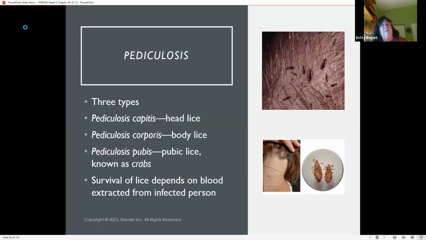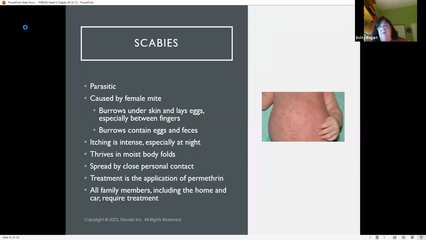Pediculosis corporis is body lice. And then pediculus pubis, which is pubic lice. Usually the pubic one is due to sexual activity. But the survival of these lice, they lay eggs and they keep laying, more lice are formed. So we've got to kill them and the eggs also.